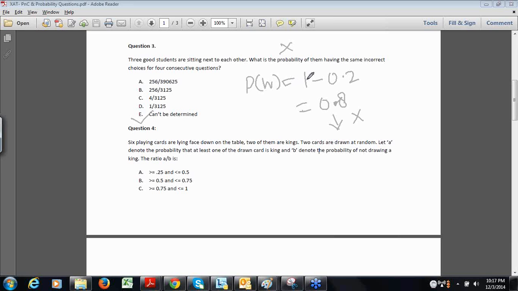How will you find the probability in this question if he does not attempt all the questions? It is saying the same set of 4 incorrect questions. If he does not even attempt all the questions, then how will you find out?